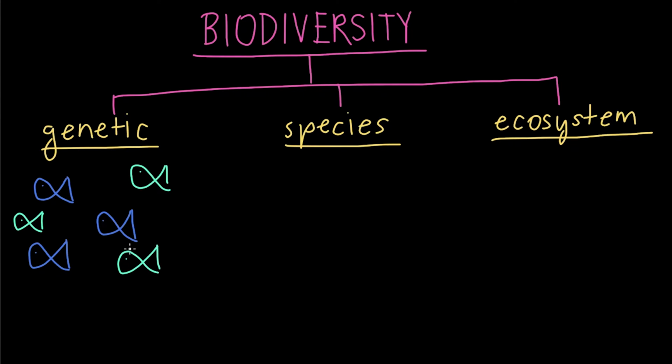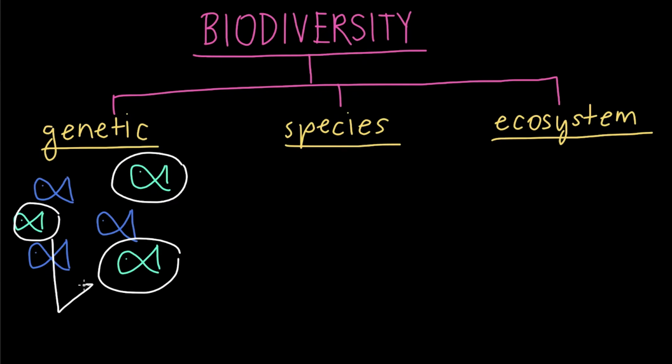And even though all of the fish belong to the same species, their genetic biodiversity creates a population with different traits. Genetic diversity is important because it allows natural selection to act on populations and cause them to adapt to environmental conditions. So if, for instance, the coral reef suddenly experiences a huge increase in green-colored algae, the green-colored fish may camouflage better than blue-colored fish, thus leading the green-colored fish to be favored over blue-colored fish.